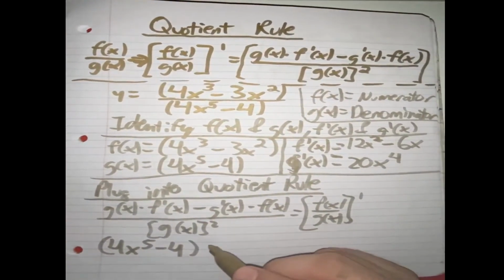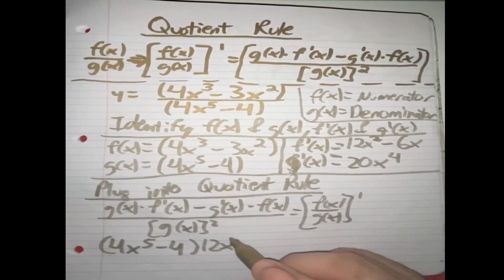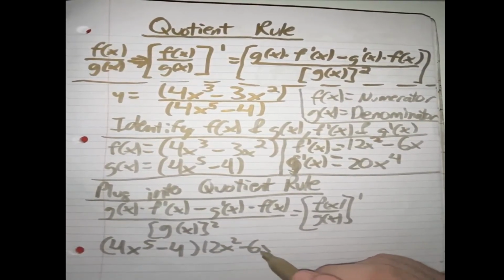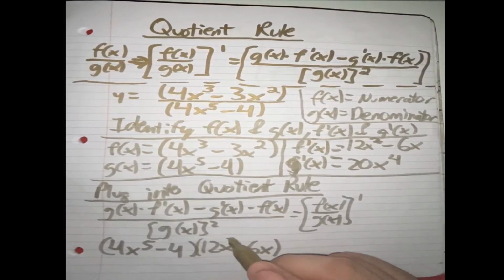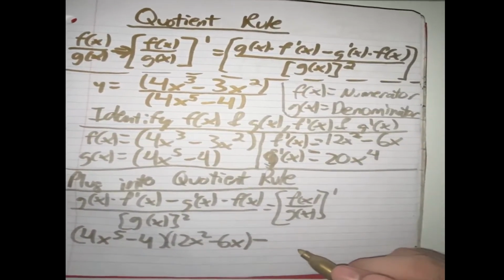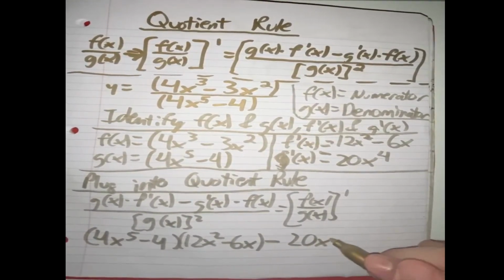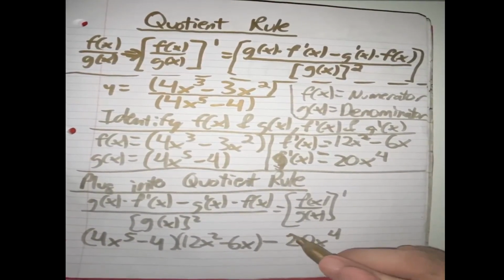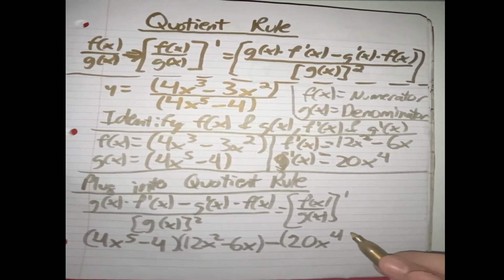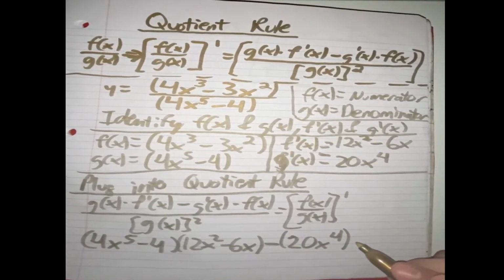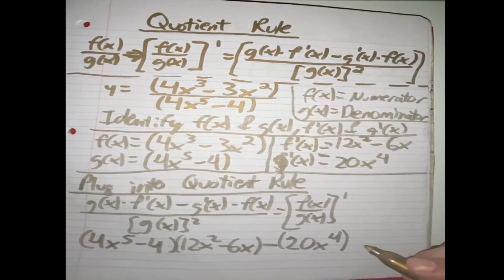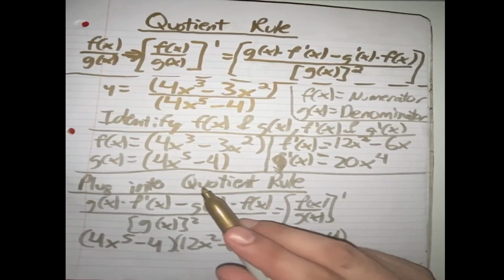F prime of x is 12x squared minus 6x, minus g prime of x, which is 20x to the 4th power, times f of x. F of x would be right here.